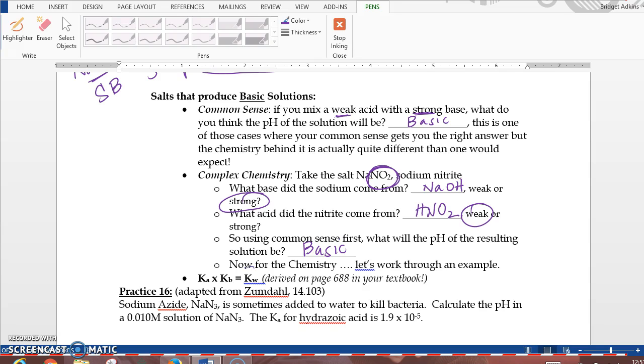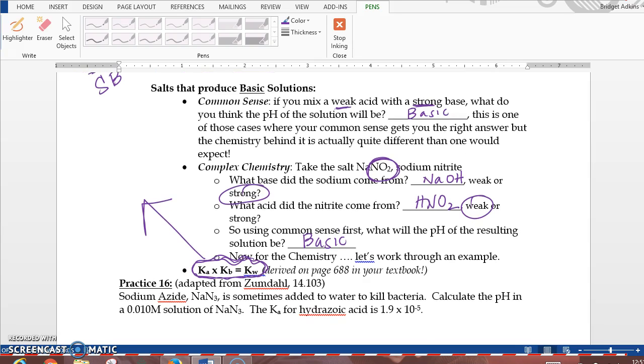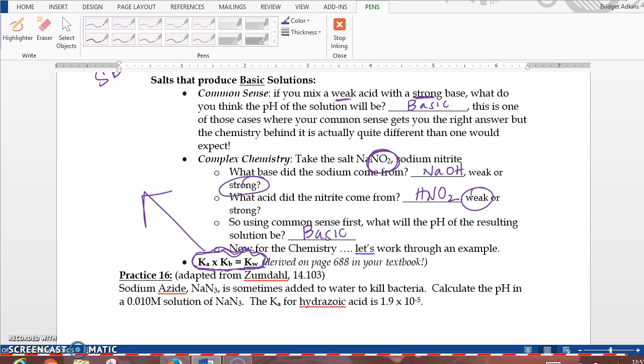So this little formula right here is kind of hidden, and every year I mean to make a bigger deal of it because it really is a big deal, and we'll be using it in some of these example problems. When we talk about Kw, we know that the product of the H+ concentration times the OH- concentration is equal to this constant Kw, and there's a cool relationship between Ka and Kb.